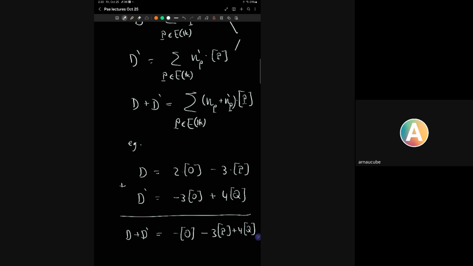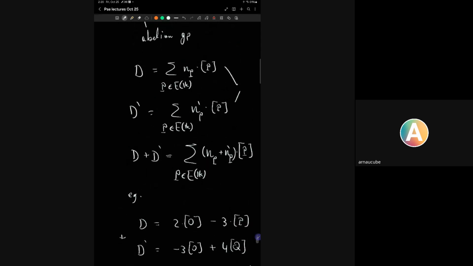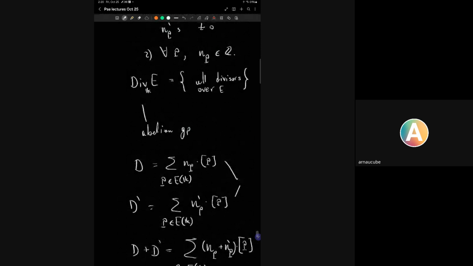So it's important to distinguish: a divisor is a formal expression that is an abstraction of what we eventually want to capture. Eventually we want to capture zeros and poles of rational functions, but we extend the view to all formal sums, because one of the main reasons is that this is an abelian group.